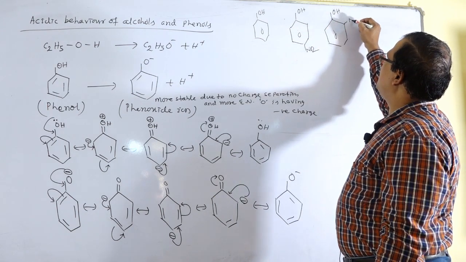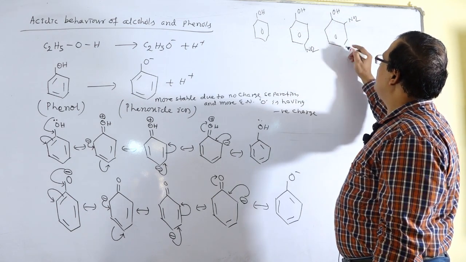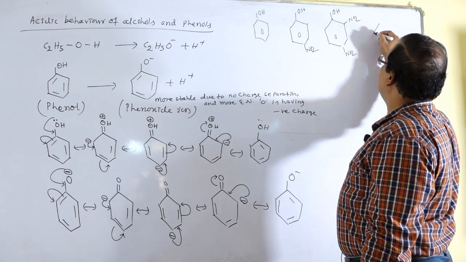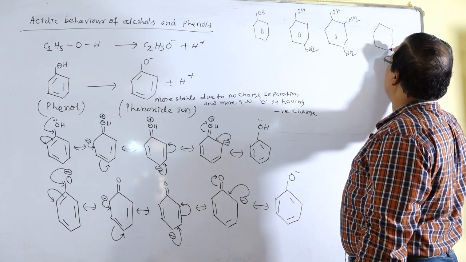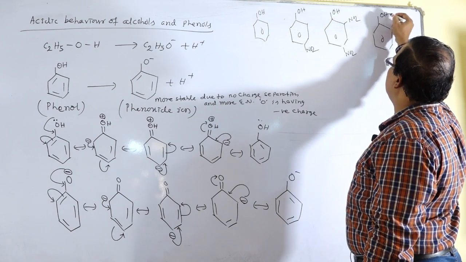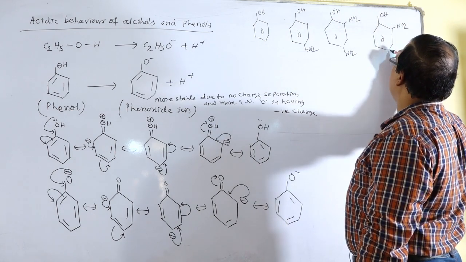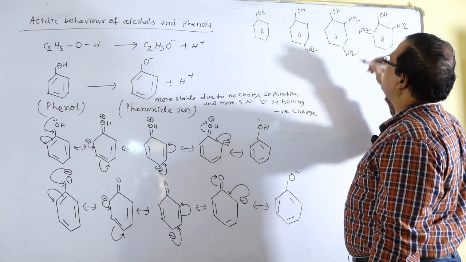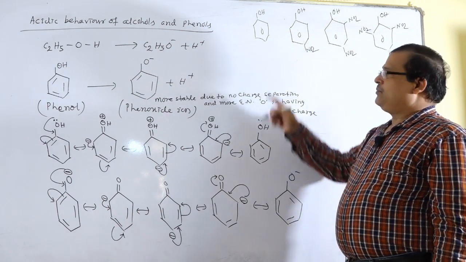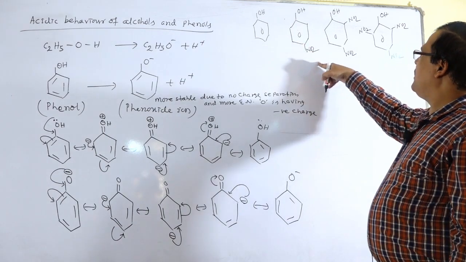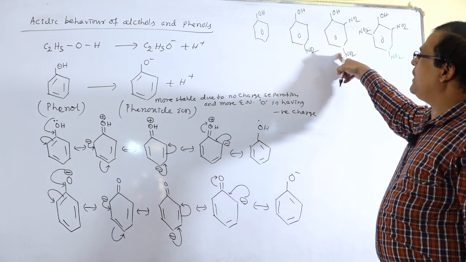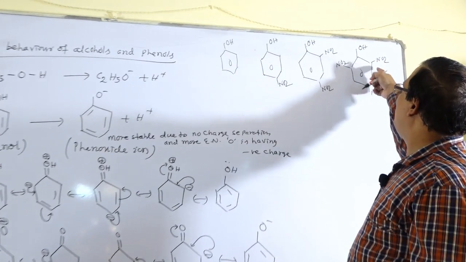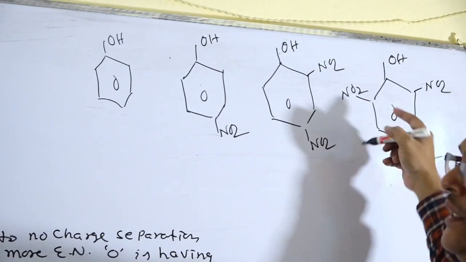And if we take the presence of three NO2 groups: phenol, para-nitrophenol, 2,4-dinitrophenol, and 2,4,6-trinitrophenol, picric acid.